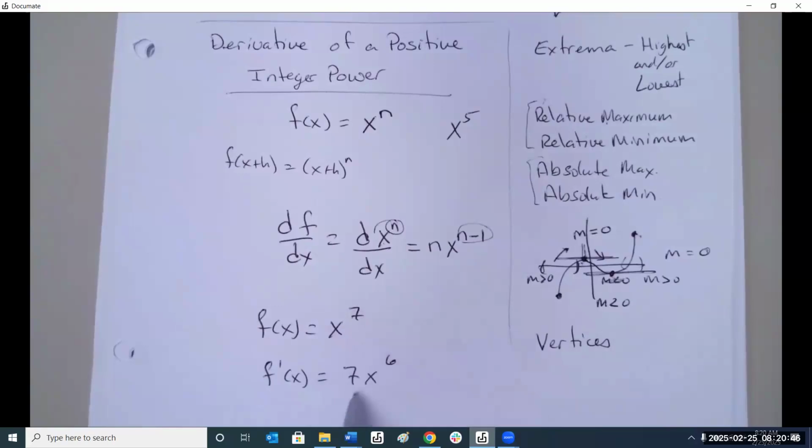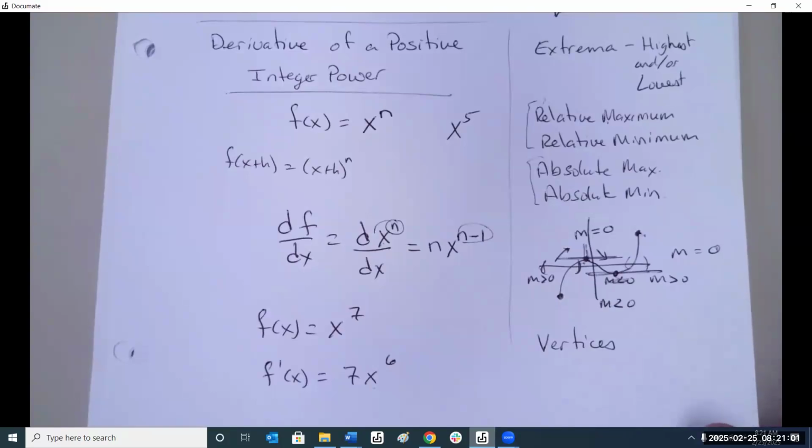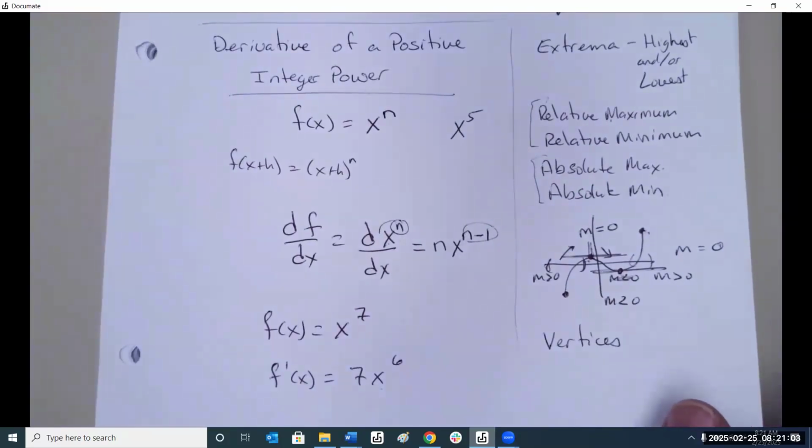So this one goes out in front, so it's 7x, 7 minus 1 is 6. That's it. A lot faster than that difference quotient. Again, this is just to get used to the power rule.